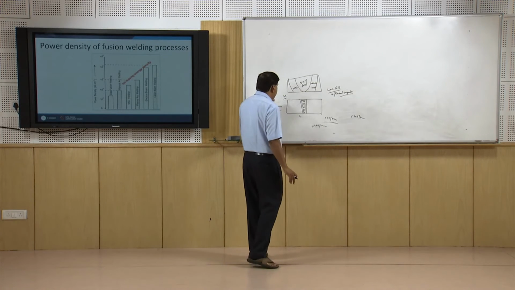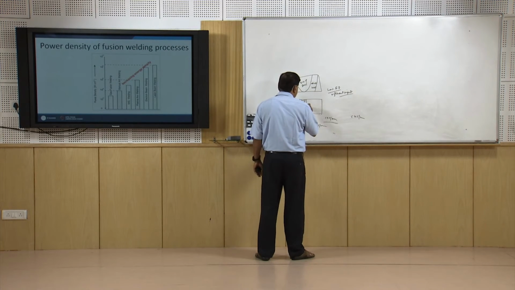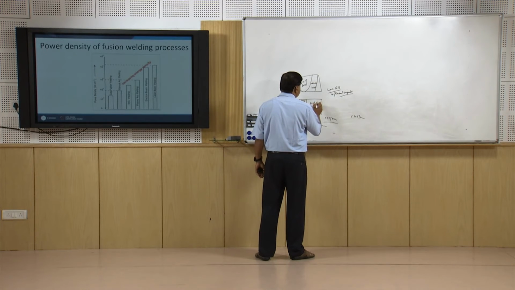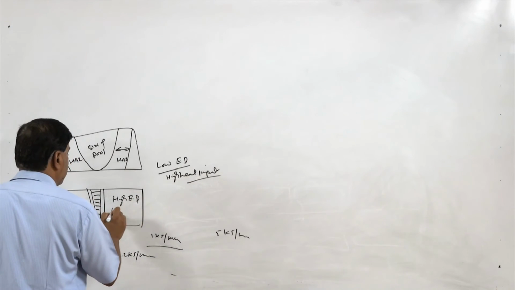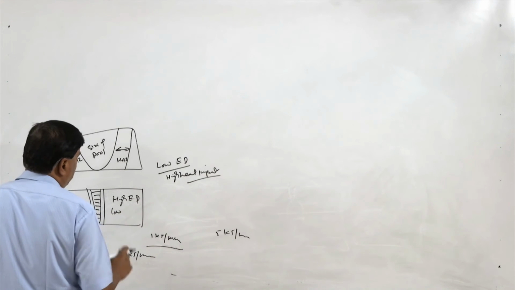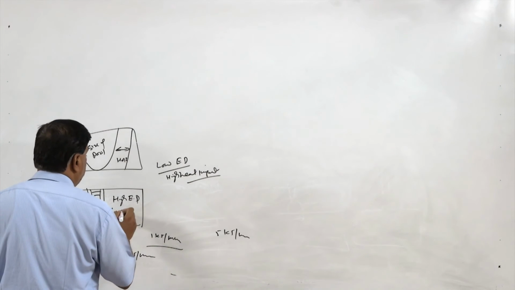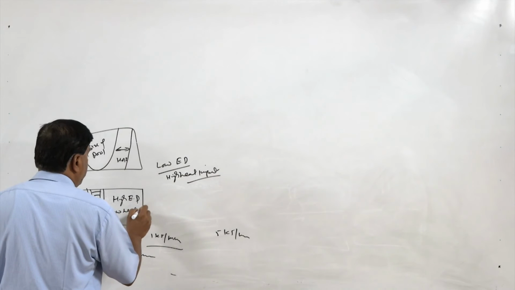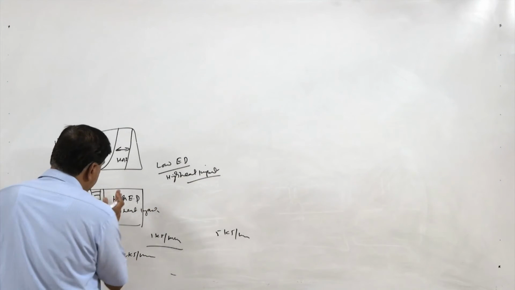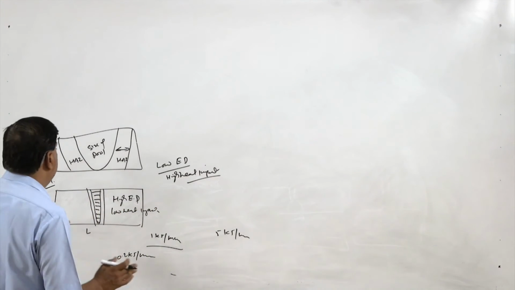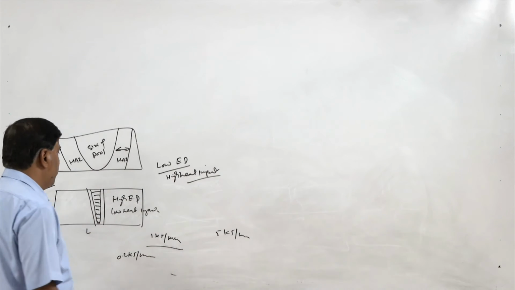High energy density processes offer very small size; they require very limited heat for fusion. These are low heat input processes, and they produce a very limited weld pool size, and the heat affected zone is also very limited.